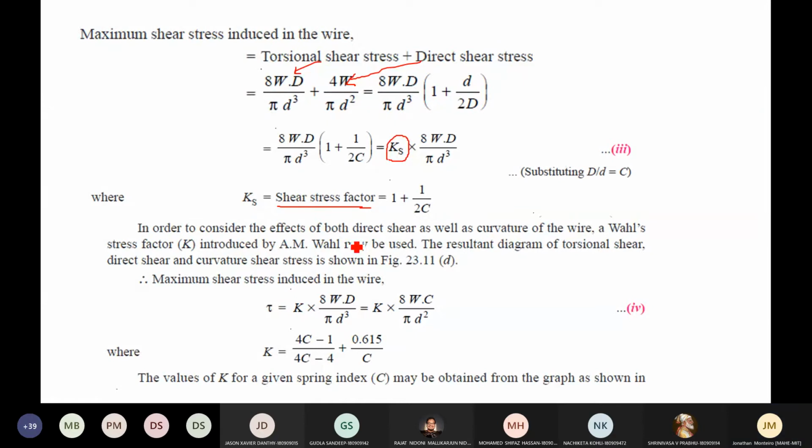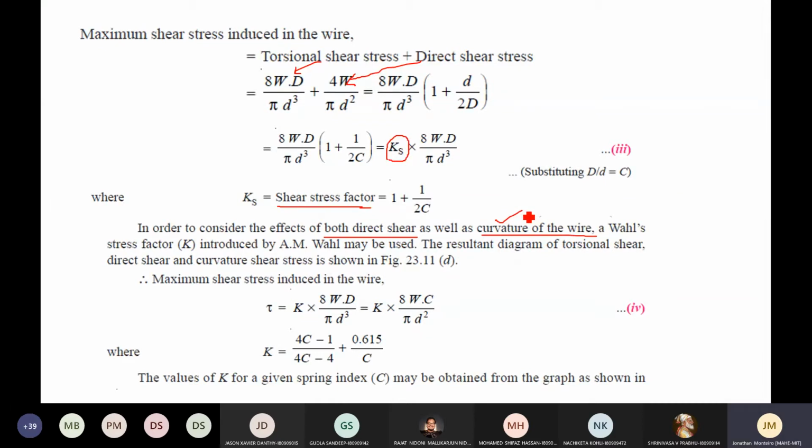Now see, this K suffix S is only for what? Torsional shear stress and direct shear stress. Still something has not been included. What is that? Curvature has not been included. Now how to include curvature in this? Because curvature also has a lot of effect on the design.